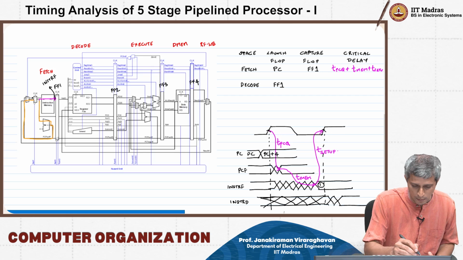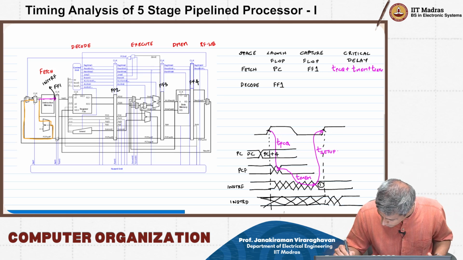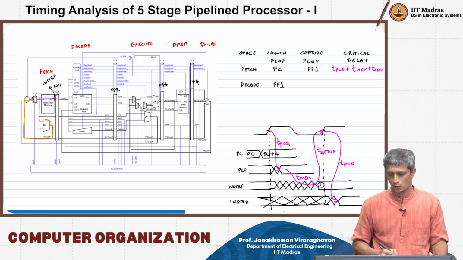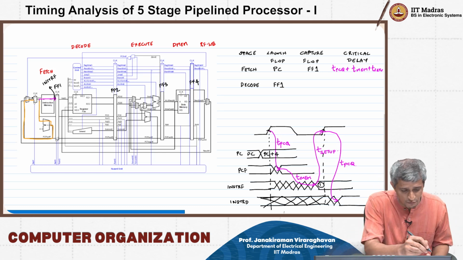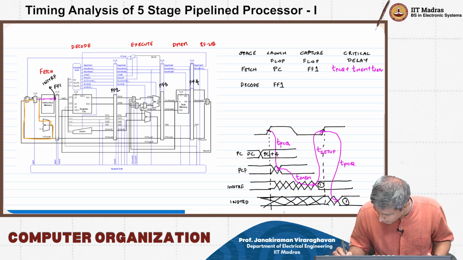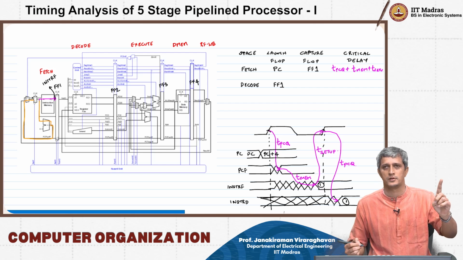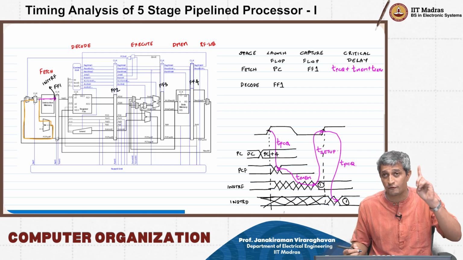And what is that time? That again is TPCQ. Okay, the instruction D will be ready. Which instruction is this? It's the same first instruction that you have fetched in the previous clock cycle in the fetch stage.